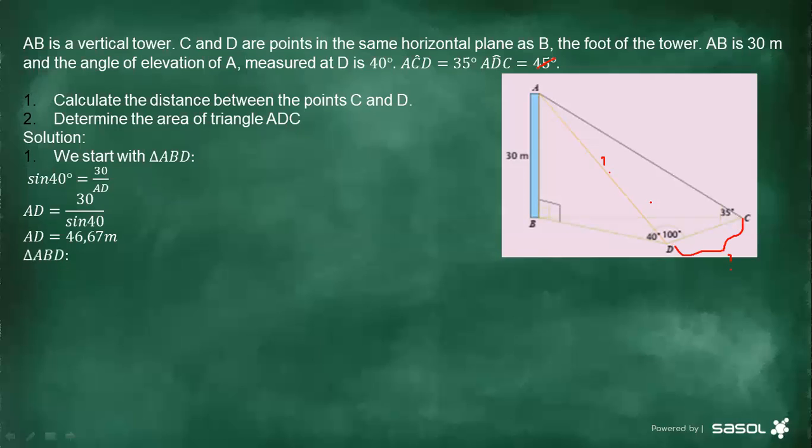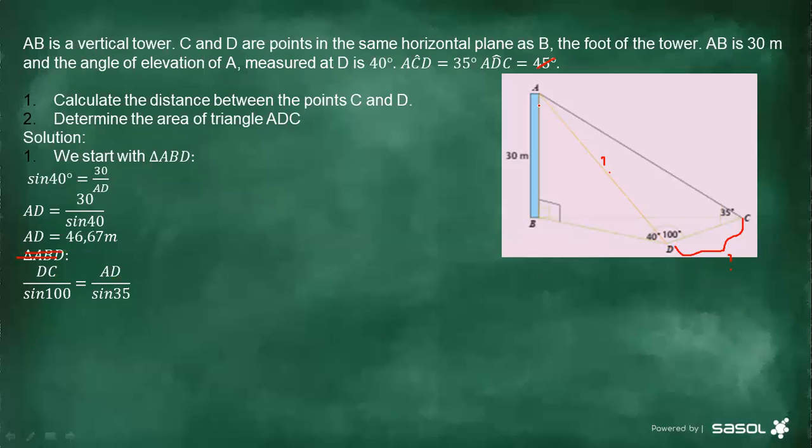And thereafter, we go to triangle ABD. No, it's not ABD. It's supposed to be triangle ADC. Triangle ADC, not ABD. Now we are going to use the sine rule, because we are looking for DC.